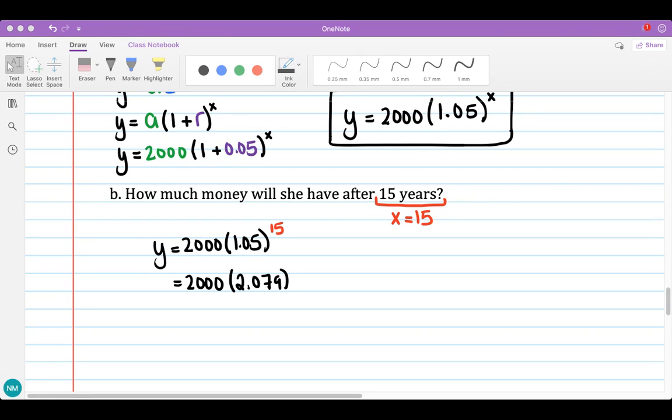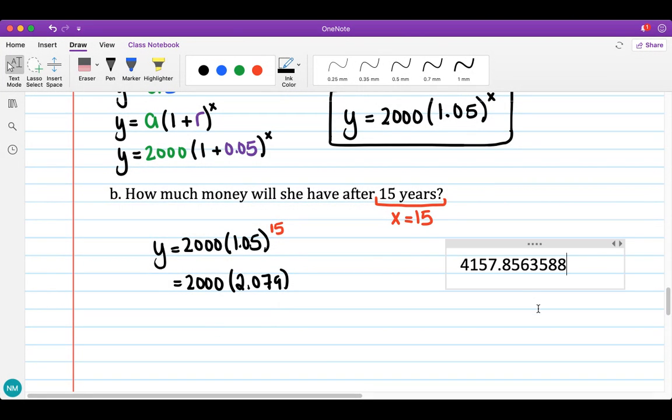That is going to be 4,157, and it's money, right? So we're going to have to round it to the nearest cent. So that's going to be 86 cents. So it's going to be $4,157.86.